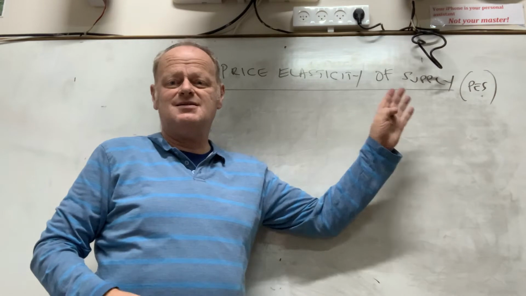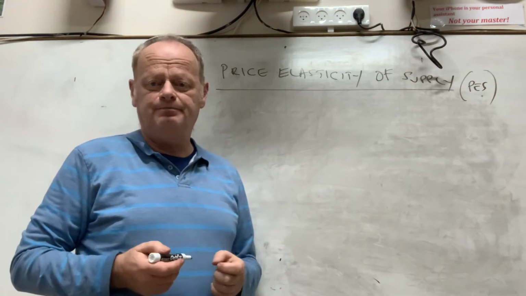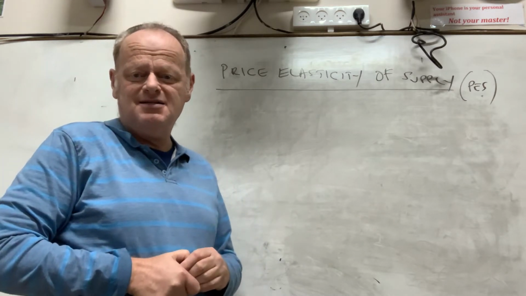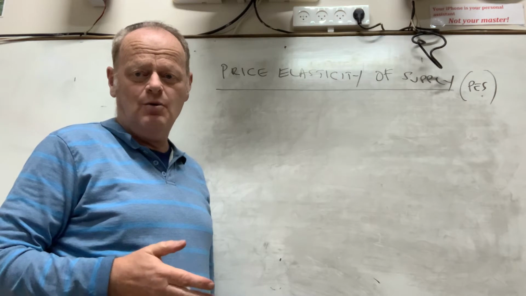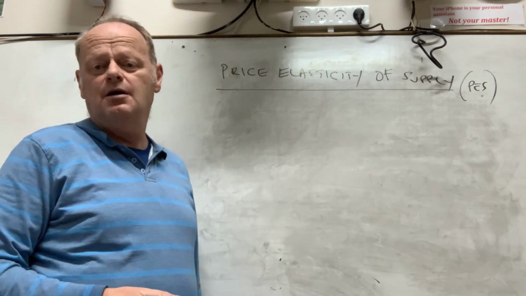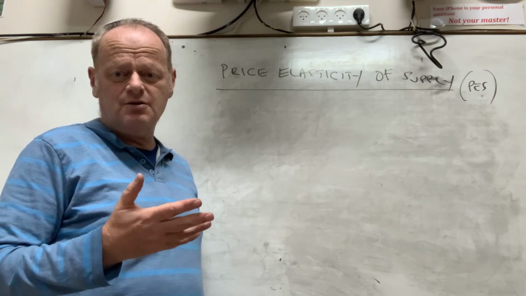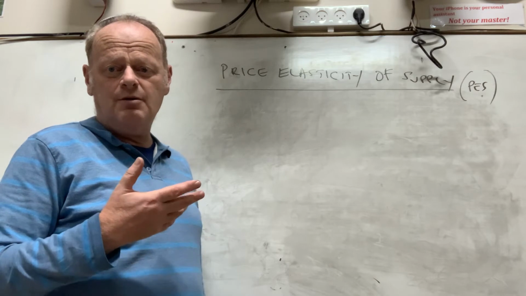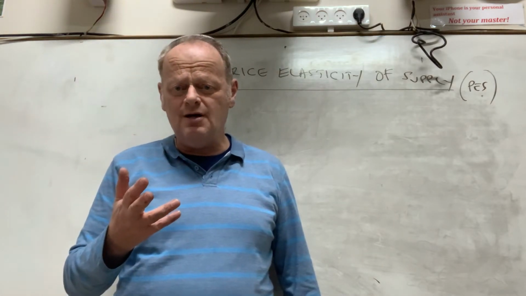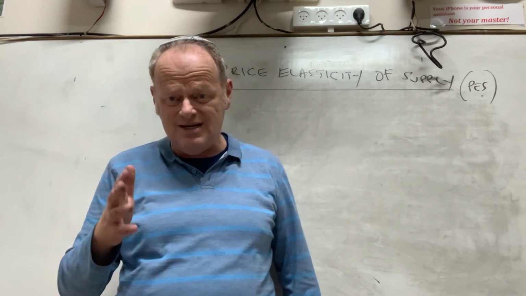PES, price elasticity of supply. Now, remember that when we looked at elasticity of demand, the demand curve that we saw in our previous episode shows the relationship between price and quantity. And when we look at price elasticity of demand, we look at the degree that a change in quantity is sensitive.